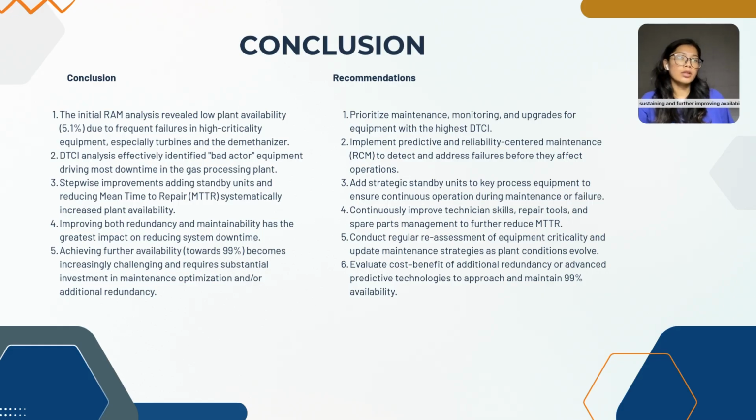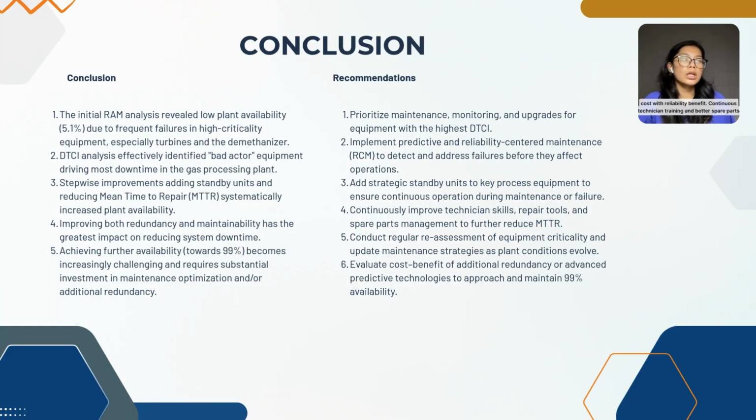For sustaining and further improving availability, maintenance and monitoring should focus continuously on high DTCI equipment to ensure priorities remain aligned with evolving operating conditions. Implementing reliability-centered maintenance (RCM) practices is essential to proactively prevent failures. Additional standby units should be installed strategically, balancing cost with reliability benefit.